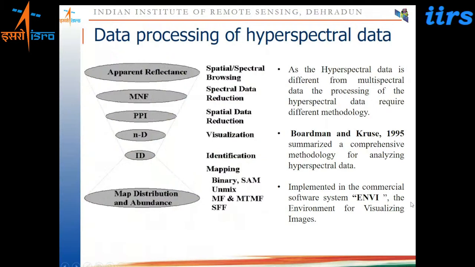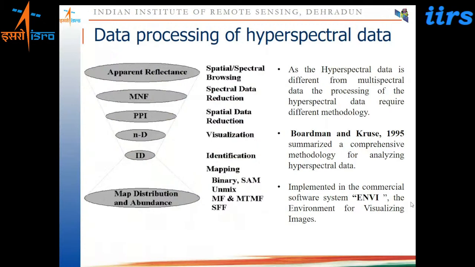For the hyperspectral data set, as we are collecting contiguous data, there is no gap in between. So the corrections are also important. The processing techniques are also very important, and they are a little different from the conventional multispectral remote sensing techniques. So what do we have to do for this?